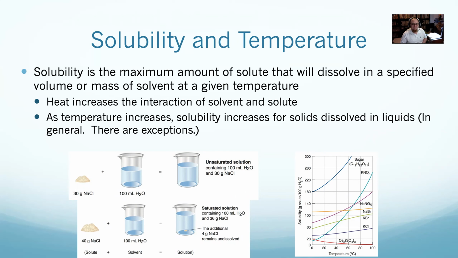That's how you tell. Now, for most everything, heat increases the interaction of solvent and solute. That means as temperature increases, solubility increases. And you can see on the table to the right that sugar goes up pretty heavily. Salt isn't on that table. That's dumb. But something like that, Ce.